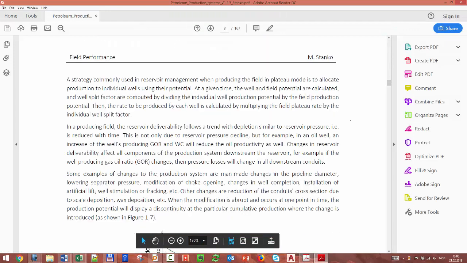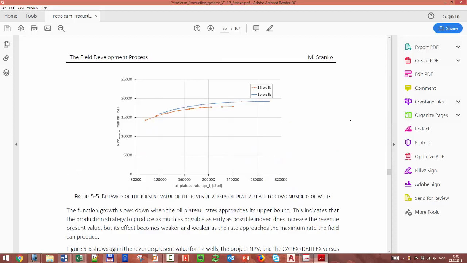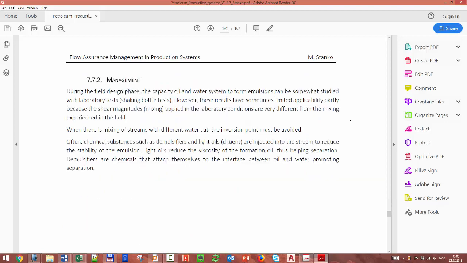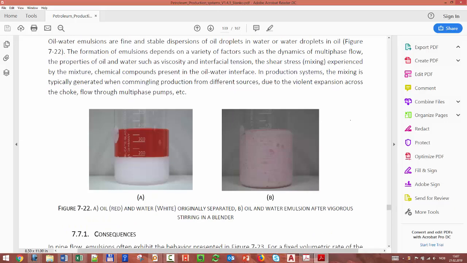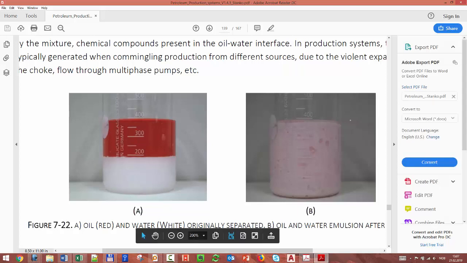I have it here, I think, someplace. That's how we have it. The two fluids are mixed, separated. Then we put it in a blender. It's like making mayonnaise. You put it in a blender, and at the end you end up with this thing, and this is very difficult to flow. These two are fine to flow separately. That mixture is very difficult to flow.